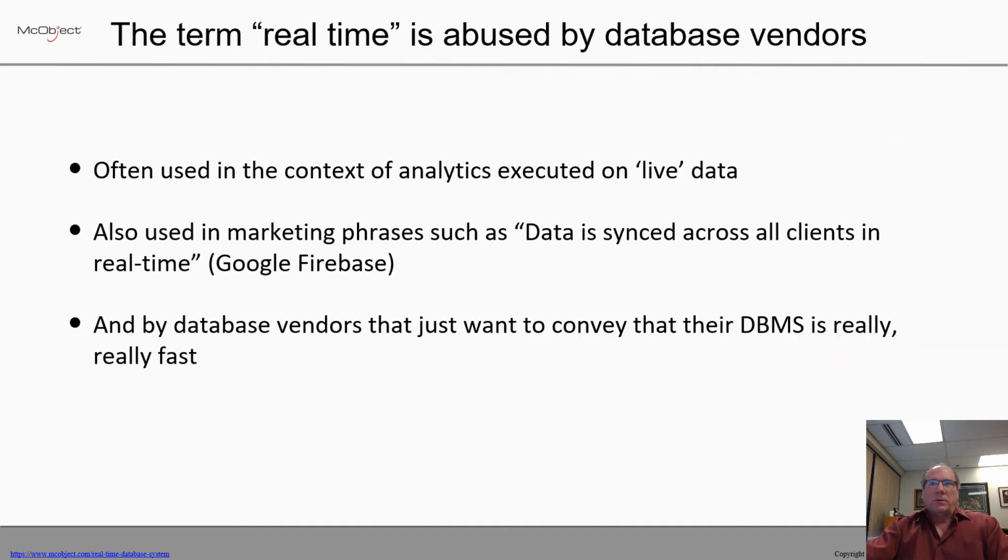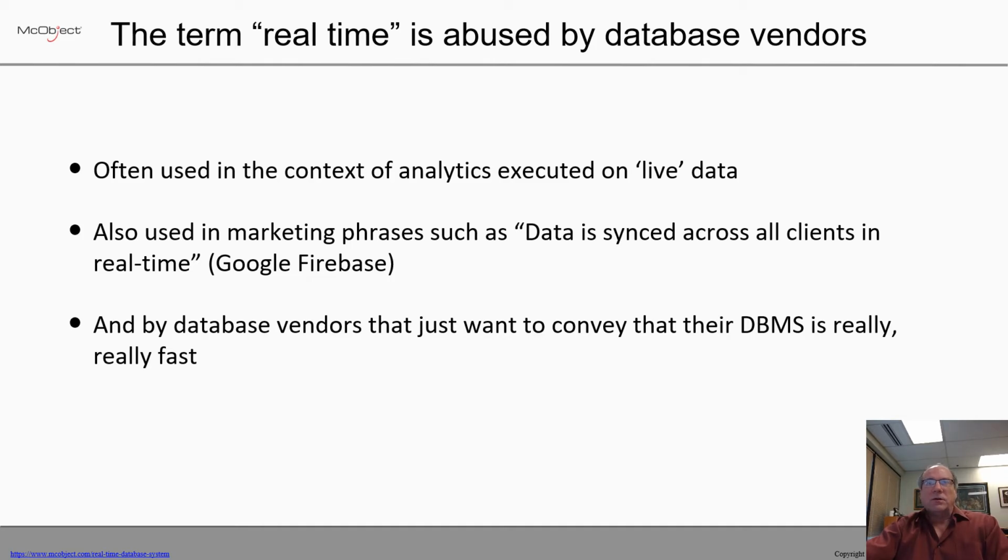To belabor the point a bit more, in recent years, the term real-time has been abused by database vendors that have nothing to do with real-time systems. For example, Redis's homepage proclaims it to be the world's most loved real-time data platform. Google claims that the Firebase real-time database is a cloud-hosted database, and that's just a built-in contradiction. What these vendors really mean is that they support acting on live data.